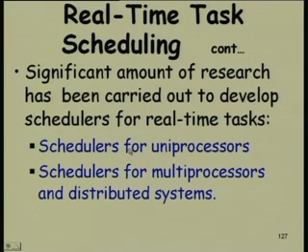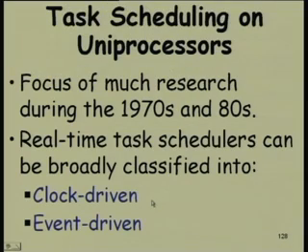One is schedulers for uniprocessors and the other is for multiprocessor and distributed systems. We can classify them into two categories. Now, let us look at task scheduling in uniprocessor, because this is a much simpler problem. We will see that multiprocessor and distributed task scheduling is much more involved, with many issues.